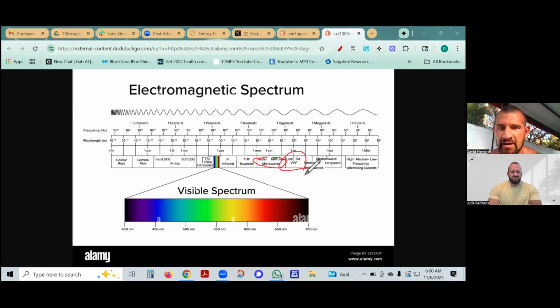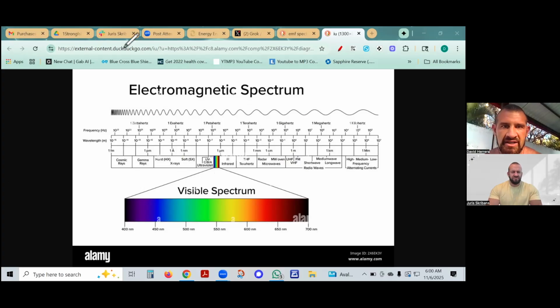So these are basically radio frequencies. These are big waves, and then small waves over here, and that's where we have X-rays and gamma waves. They have a lot of energy, but they are not going to penetrate very far.